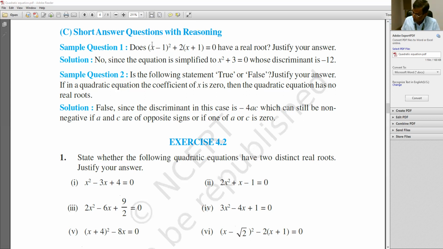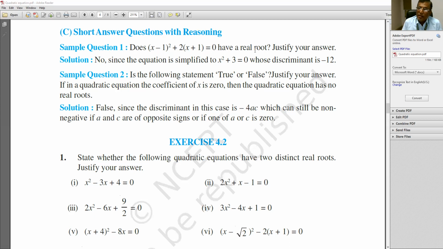This minus 12 is less than 0. And you know that if the value of the discriminant is less than 0, then the given quadratic equation will have no real root. So your question is asking here that does this equation have a real root? Your answer will be no. And justify your answer means what?